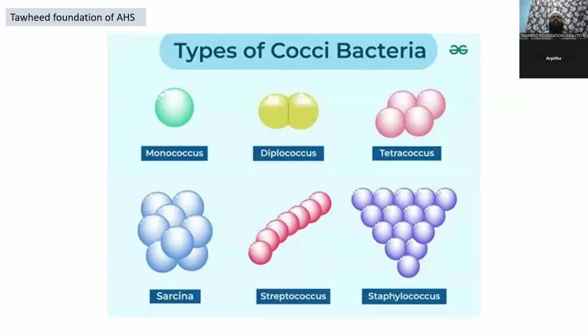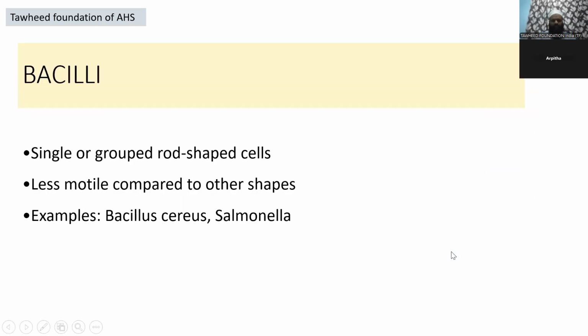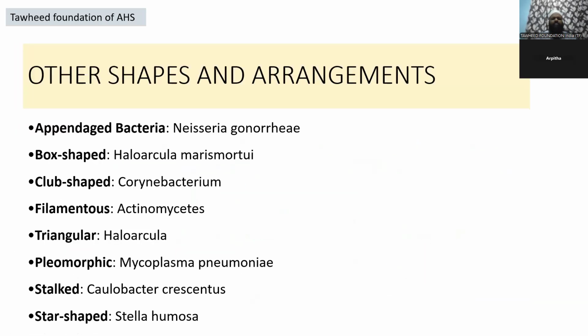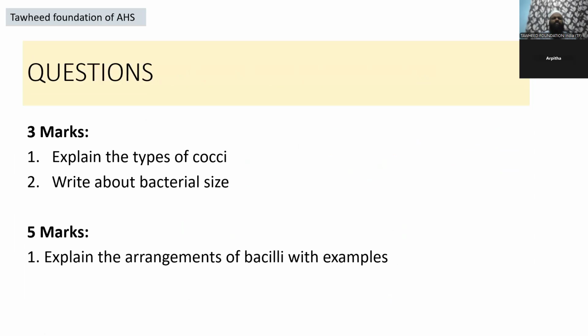Tetracoccus is also called tetrad, a four-cell arrangement, sarcina, streptococci, and staphylococci, that is a group of cells, with an example. Then write about bacterial size. Bacteria are very minute, ranging from 0.5 to 5 micrometers, and those size-related things.